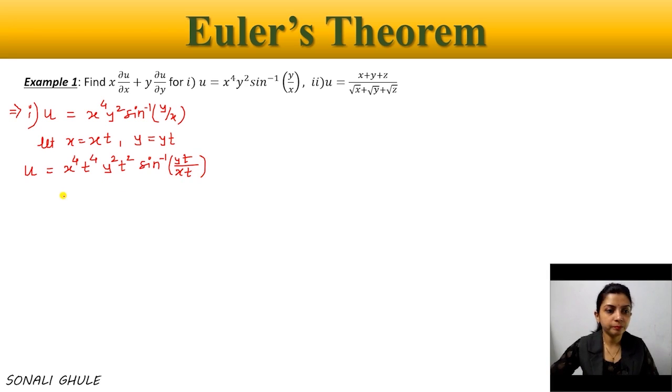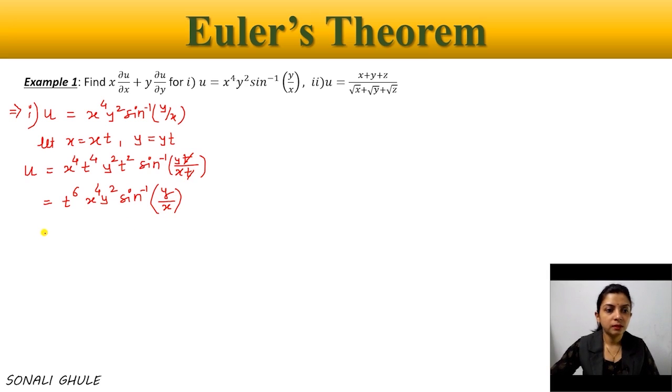Okay, so here this t raised to 4 in t square, I can write it is t raised to 6, x raised to 4 y square sine inverse, here t gets cancelled, y upon x.